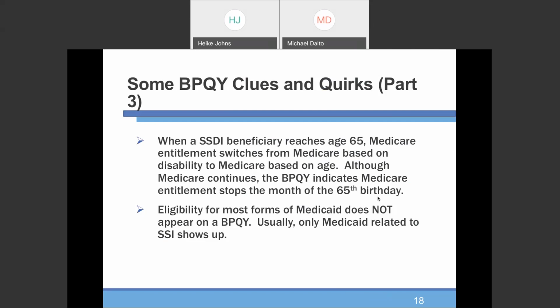This is because the BPQY only shows you information about disability-based benefits and not benefits that are not based on disability, like Medicare based on age. So if you see a stop date for Medicare, it could mean the person's Medicare actually did stop, but it could also mean that that is the month they turned 65 and their Medicare switched from being based on disability to being based on age.